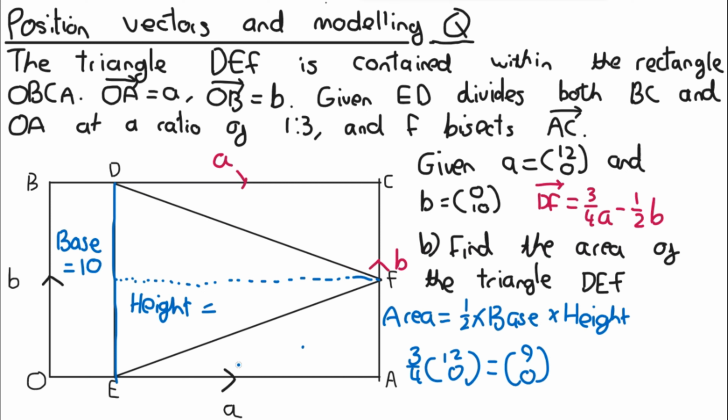And therefore the height is just going to be the horizontal component of this, which is 9. So therefore the area is equal to half times the base, which is 10, times the height, which is 9, and if you put that into a calculator, that is equal to 45, and that's the final answer.